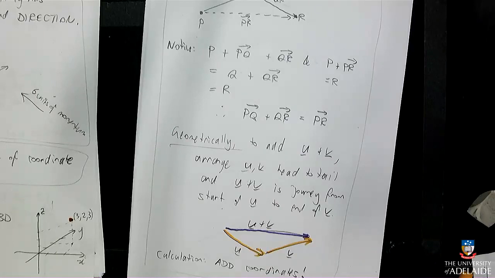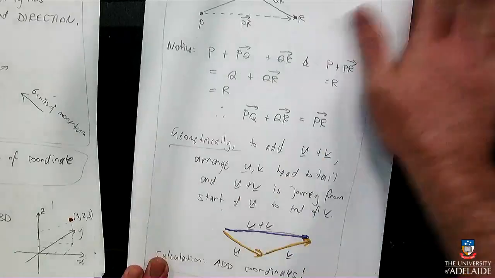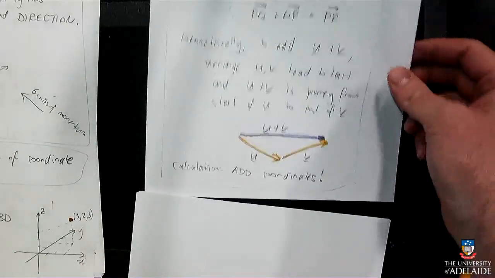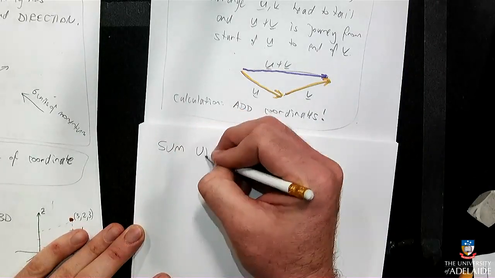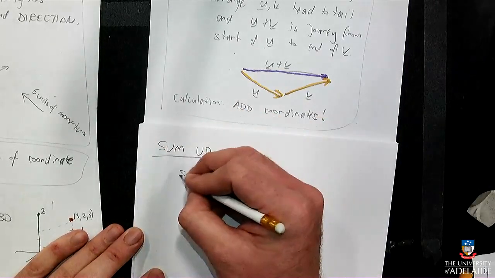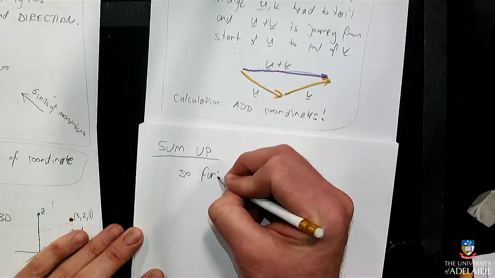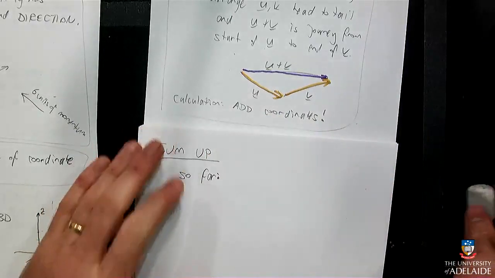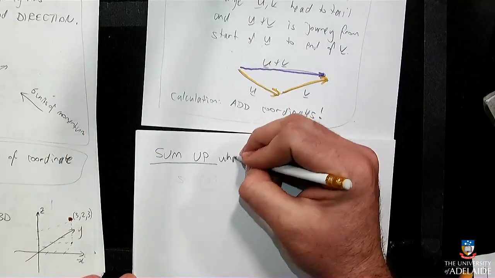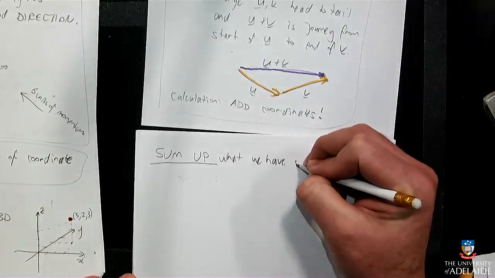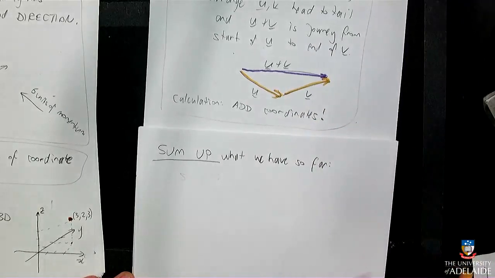So I think that's everything that we could possibly do to vectors. Let's just sum that up and see what we've got so far.